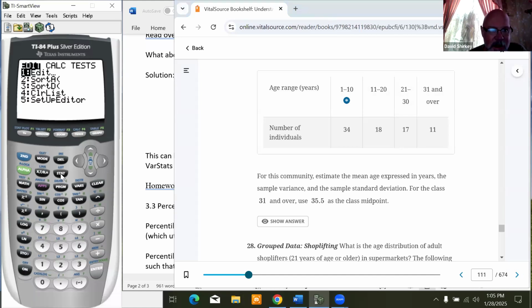So we're going to go into stat, press the stat key, press edit. Now see this information that I had in here from a previous explanation earlier in these notes. I'm going to get rid of it. So I'm going to arrow up, highlight the name of the list where you want to delete the information, and just press clear. And then press enter. Now this is important.